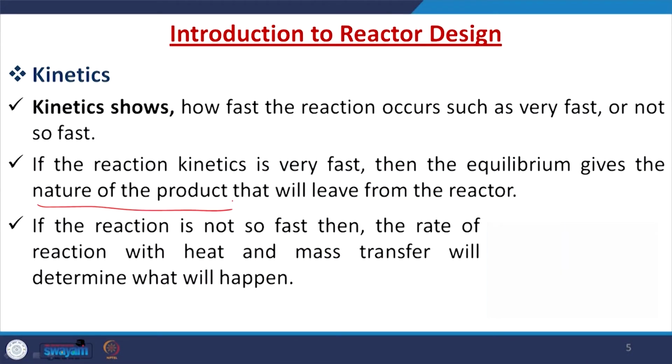So, the ultimate aim is to get acquaintance with the nature of the product. Now, sometimes if the reaction is not so fast, then the rate of reaction with heat and mass transfer will determine what will happen. Sometimes the feasibility may not be there, sometimes conversion may not be there, sometimes yield will not be up to the mark. So, you need to look into all these approaches.